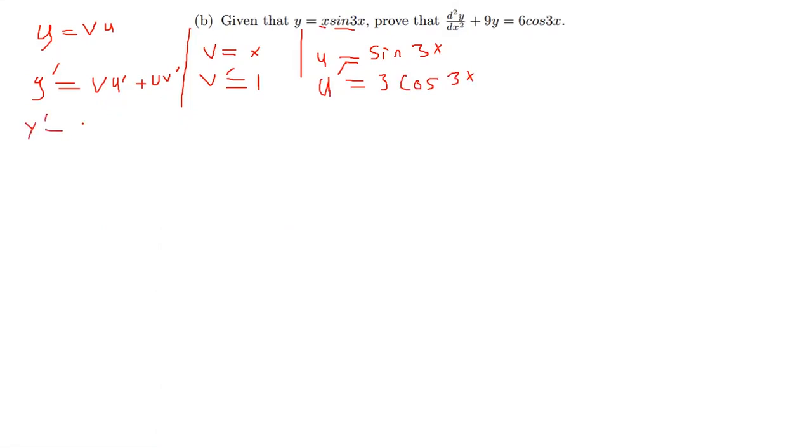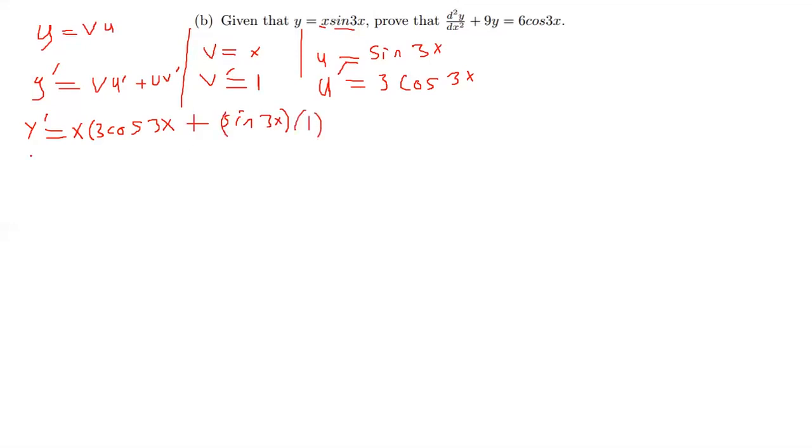So here it's just a matter of replacing. My v is x multiplied by u prime, which is 3 cos 3x, and then plus your u there, sine 3x, multiplied by positive 1.